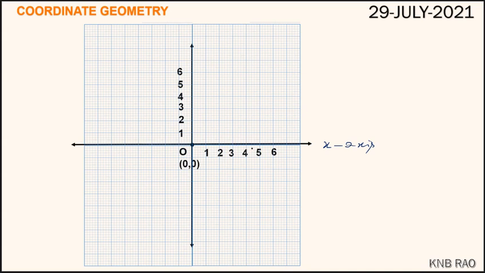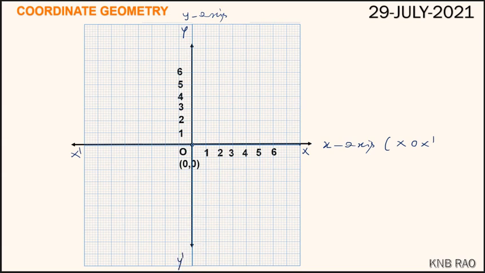Generally, this x-axis is labeled X, O, X dash, and y-axis is labeled as Y, O, Y dash.